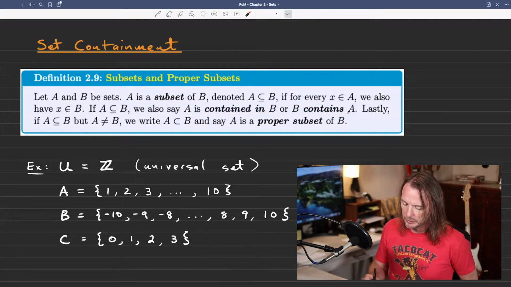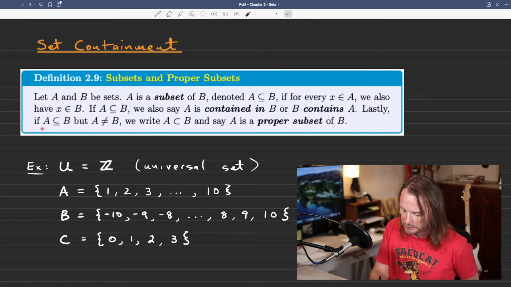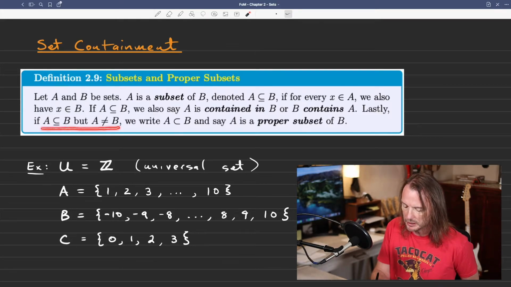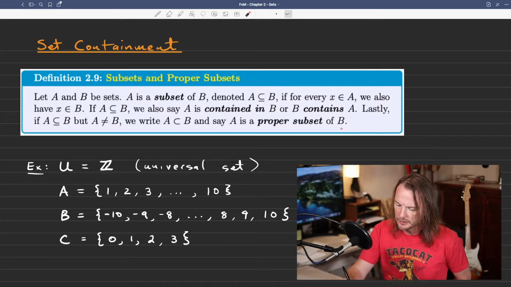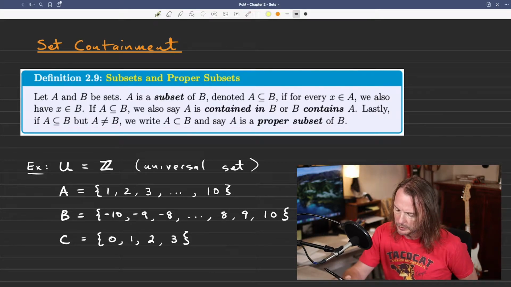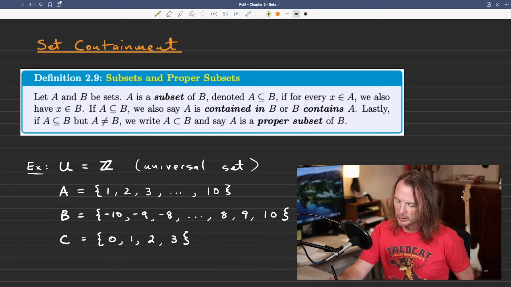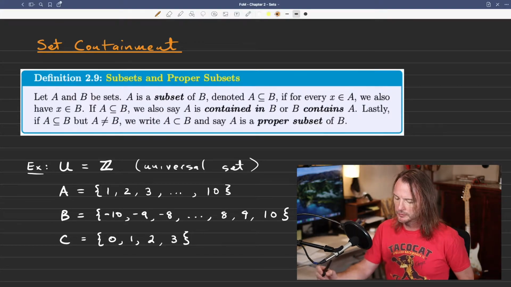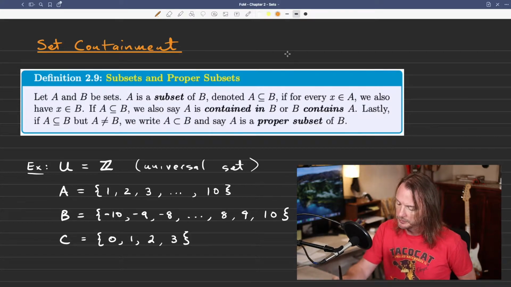And then lastly, whenever we have A is a subset of B, but we also know A is not equal to B, then we use this notation and say that A is a proper subset of B. We're trying to mimic the difference between strictly less than and less than or equal.